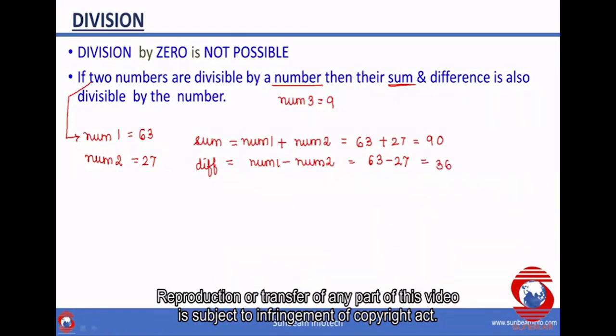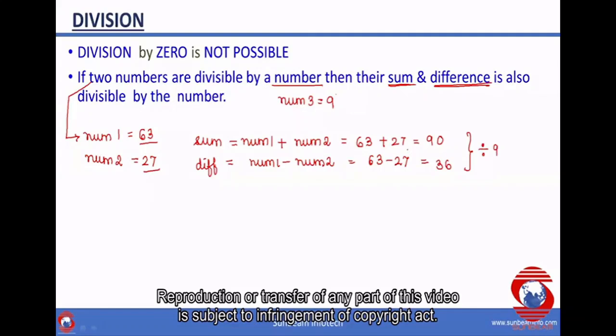So now students, the property says if two numbers, जैसे 63 और 27 ये दो numbers है, if it is divisible by the third number, that is 9, then their sum, उसकी sum क्या है? उसकी sum है 90 और उसका difference है 36. Right? And they say this sum and difference is also divisible by the number. यानी ये दोनों भी किससे divisible है?